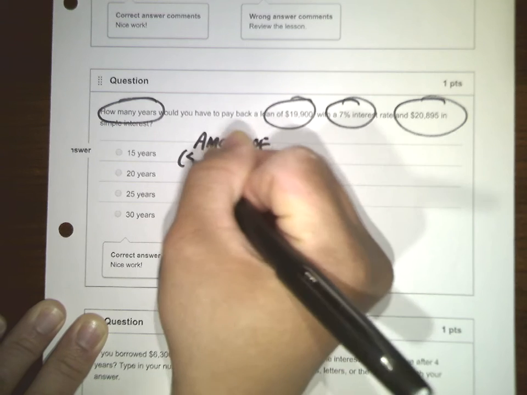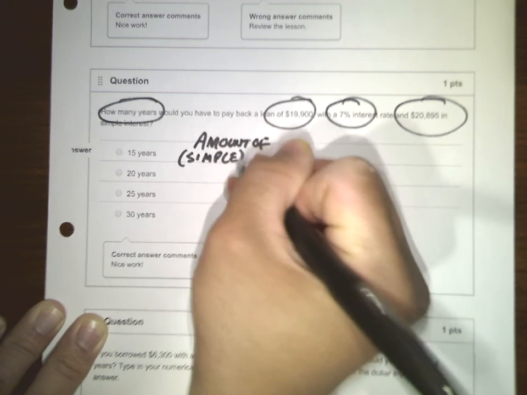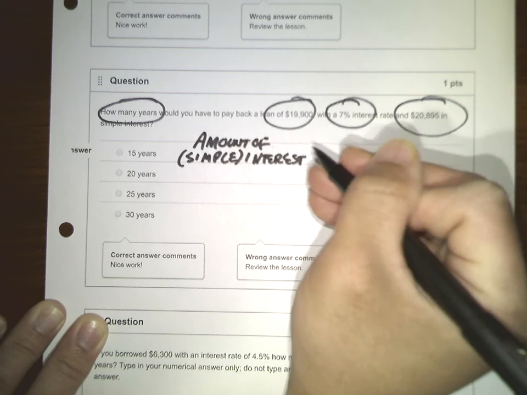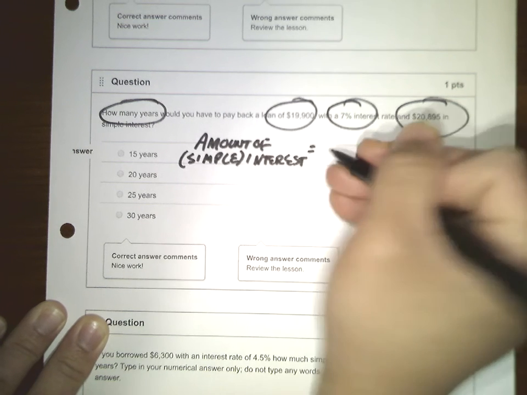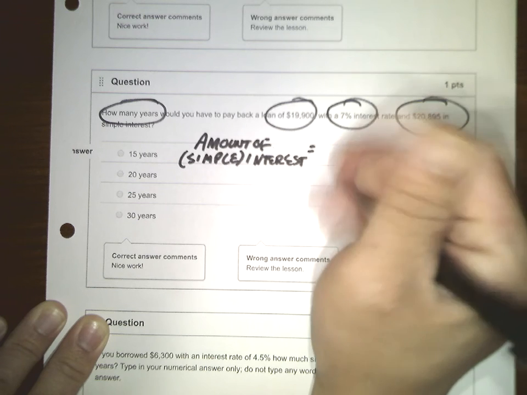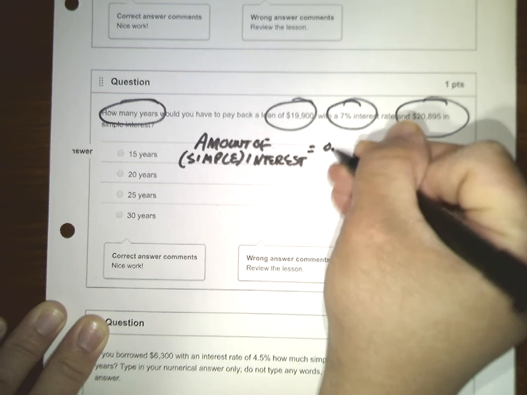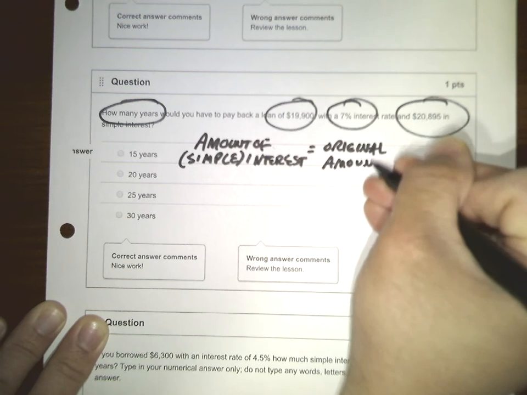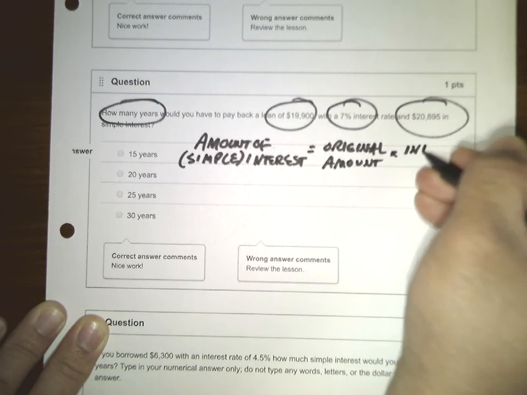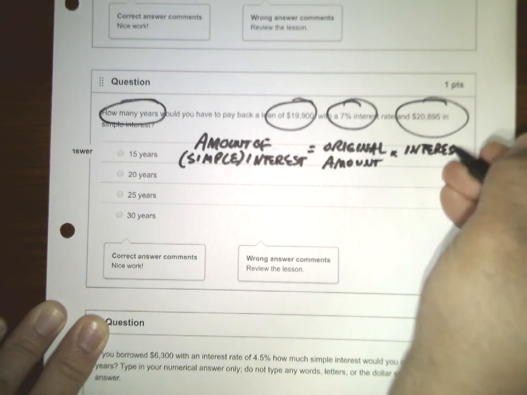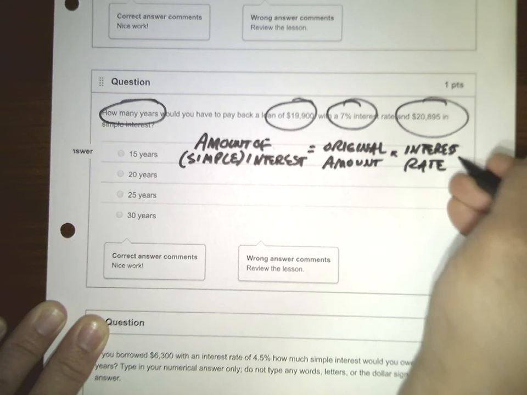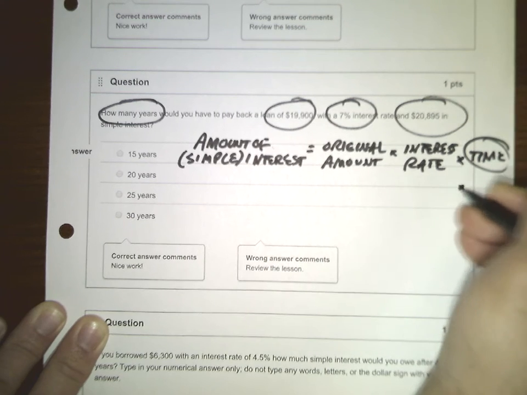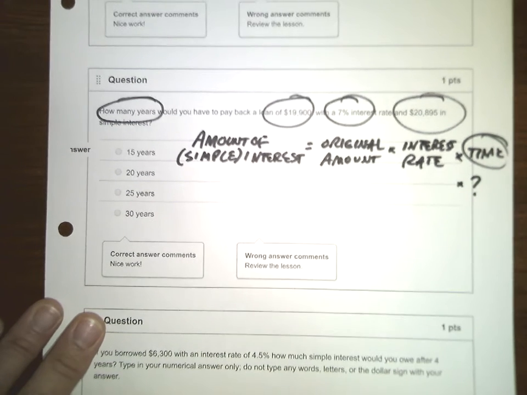So remember, and again, this is just for simple interest. We're not doing anything fancy yet. So that will be the original amount times the interest rate times the amount of time, and we don't know how much time this will be, so I'll put a question mark there.